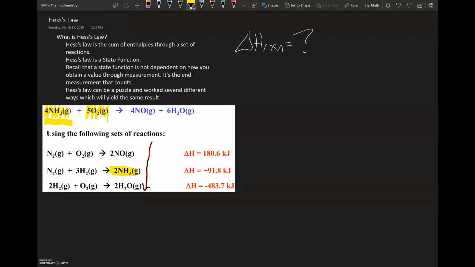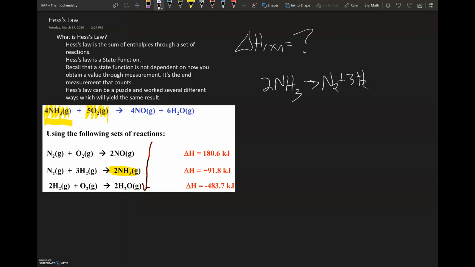The problem is that NH3 is a product in that particular step, and in the main reaction, which is found in blue, NH3 is a reactant. So we're going to take the second step and flip it. We're going to make NH3 be a reactant. It's going to produce nitrogen gas plus hydrogen gas.